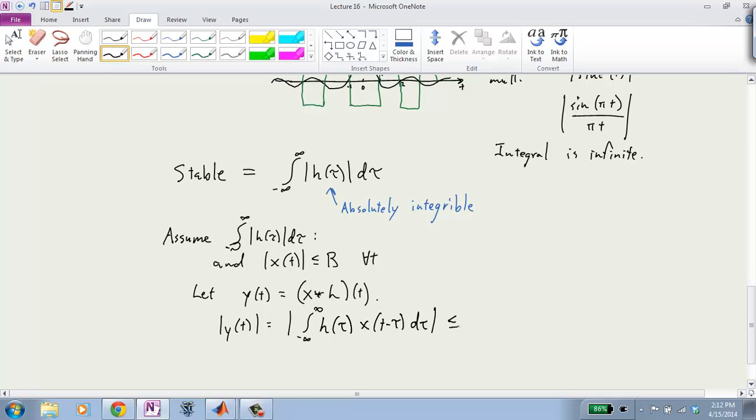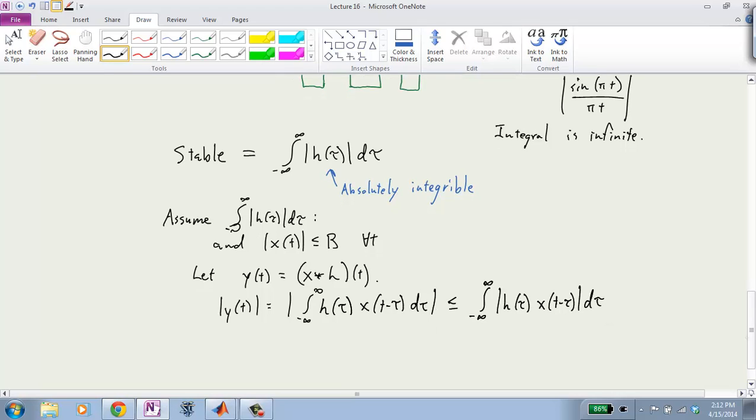So that's less than this. And of course, multiplying two things and taking the absolute value is the same as taking the absolute value of each one and multiplying. So that equals the absolute value of h of tau, times the absolute value of x of t minus tau, and now we're basically done because the second one is bounded by b.